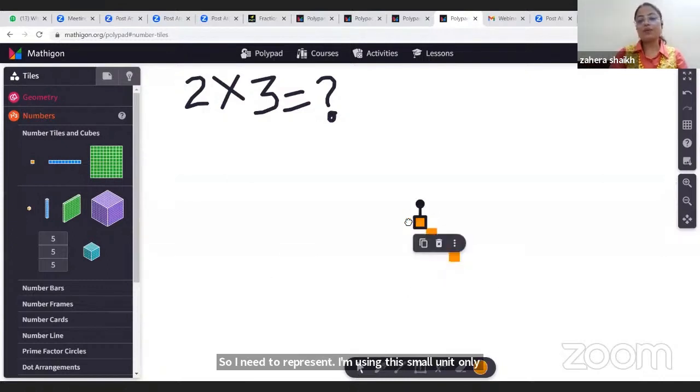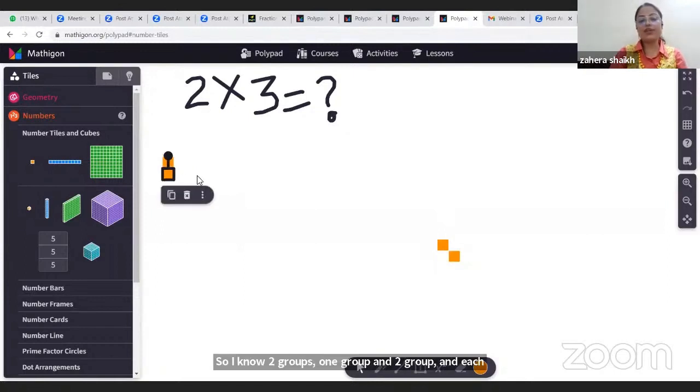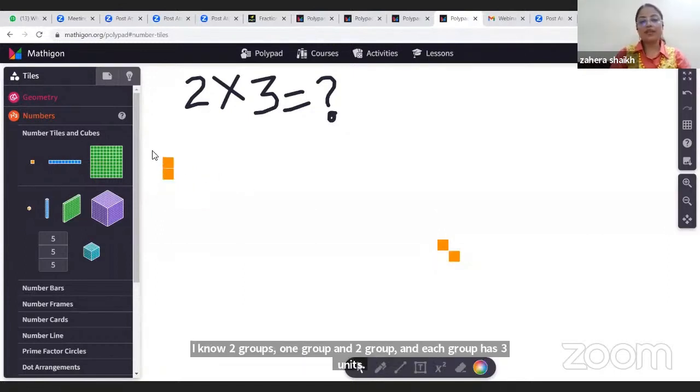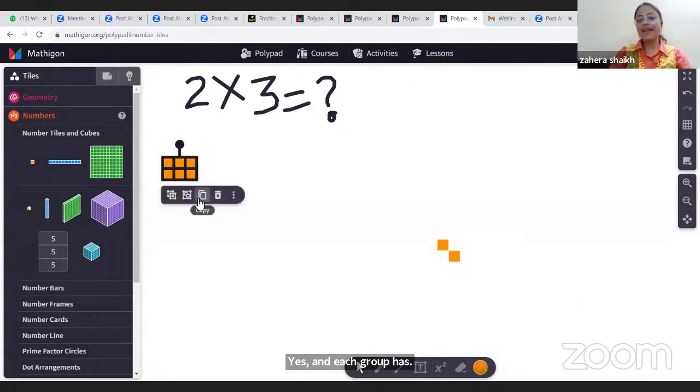So I know 2 groups, 1 group and 2 groups, and each group has 3 units, right? So let me group it. And each group has 3. So this is what I have made, a rectangle, right?